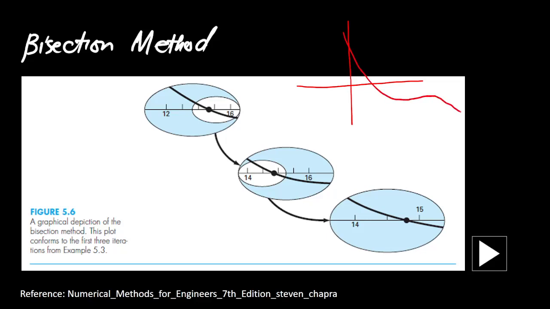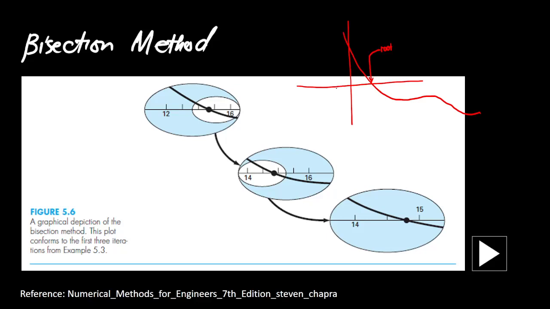So this is, let's say, your curve. By the graphical method, you could say that your root is this one. But in the bisection method, you need at least two values, or what we call brackets.